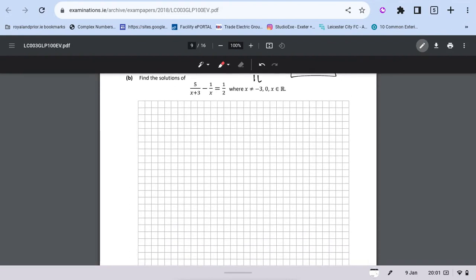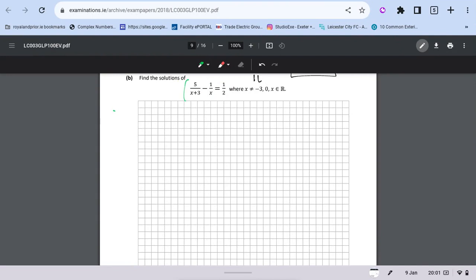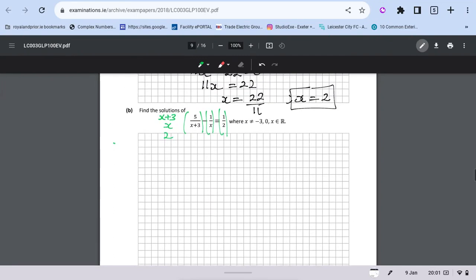Bottom one, once I see fractions, think of big dirty brackets. So big dirty brackets around each. And this is tough. Now stick all your denominators outside each. Not much room there now.